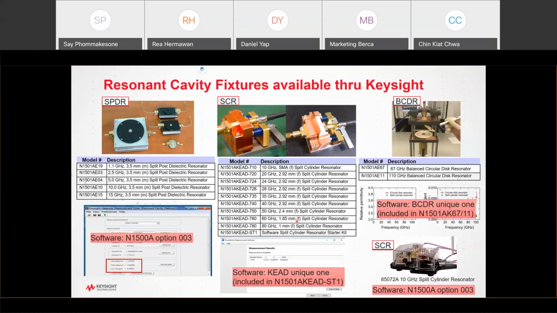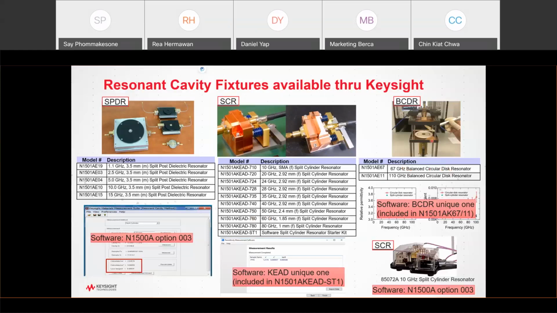And of course, the automotive radar at 77 or 80 gigahertz, so you have to choose one of these fixtures. In addition, we call it balanced circular disc resonator.